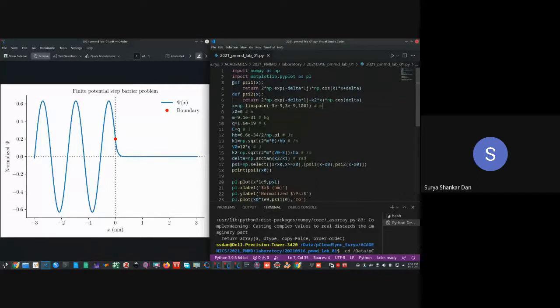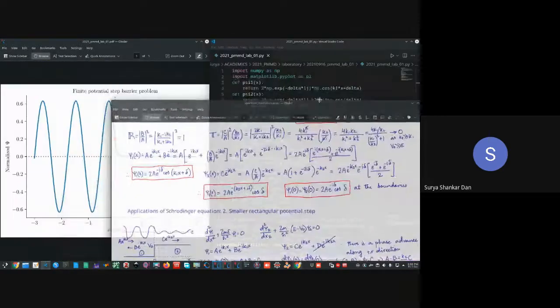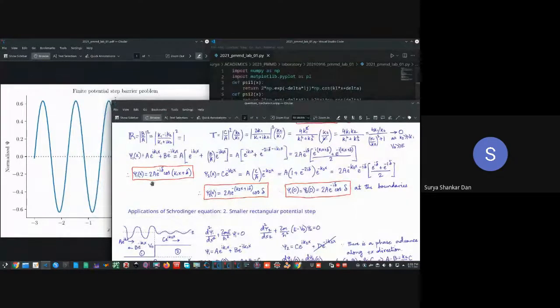In Python, functions are written like this. If you notice carefully, here there is 2 into e to the power of minus delta into 1j, that is i, into cos(k1x plus delta).